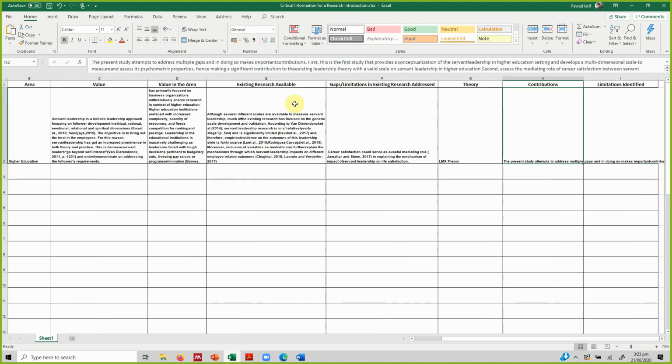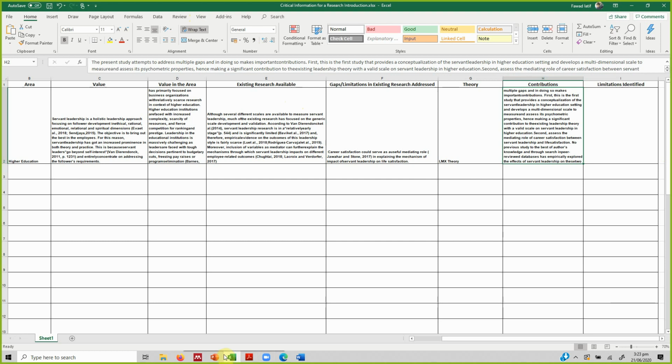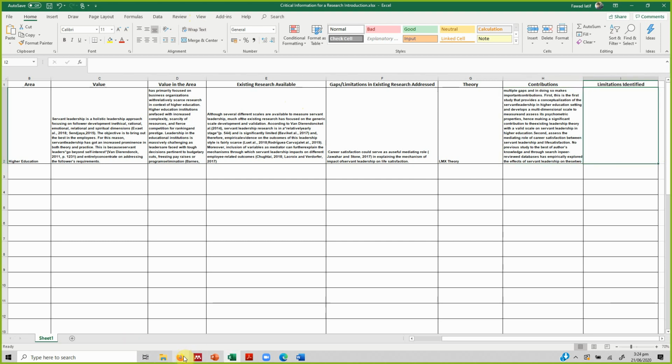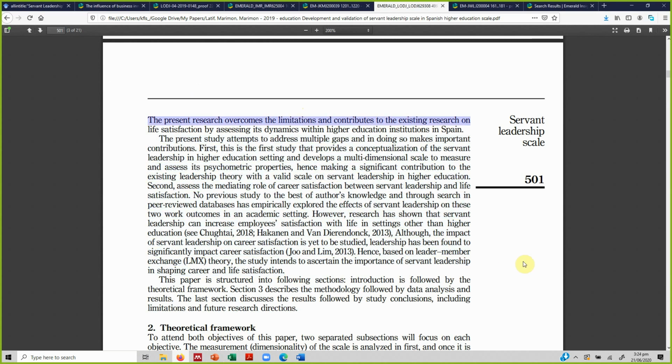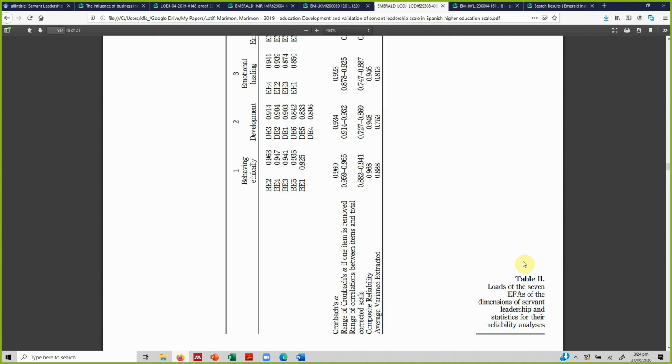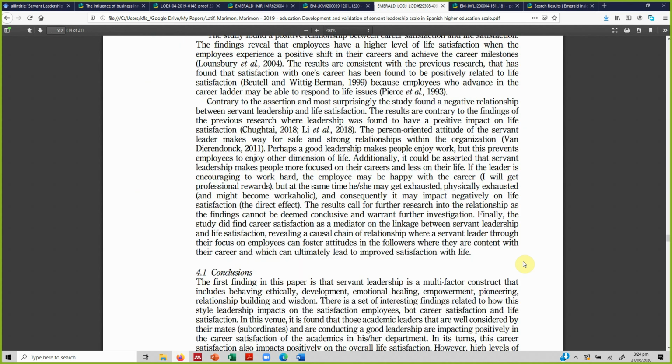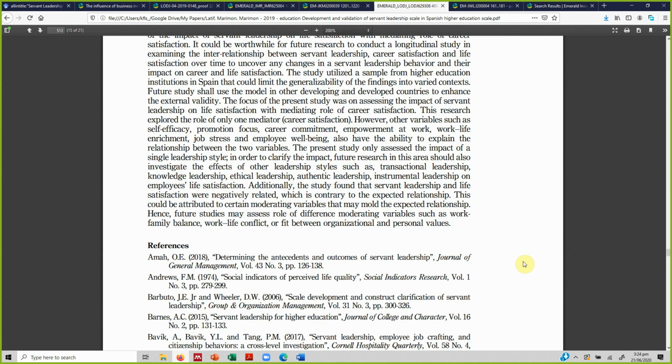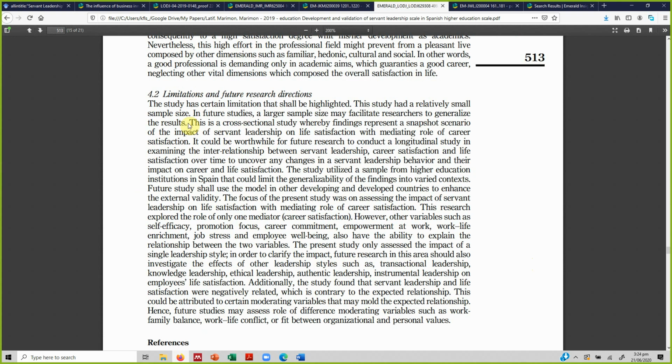And finally, what limitations did they identify? Because obviously we are going to use the limitations from existing research to write our own introduction. So what you can do is just go to the end and identify the limitations of this research. Do not copy the whole paragraph.